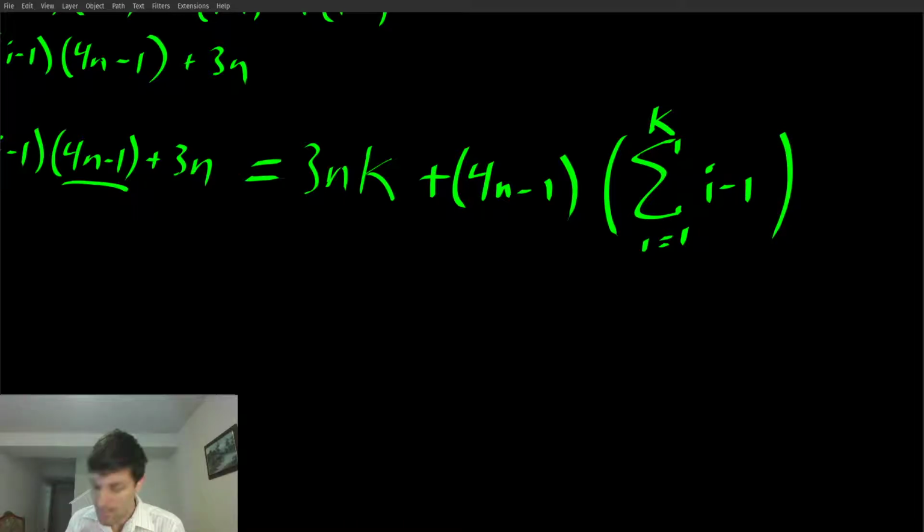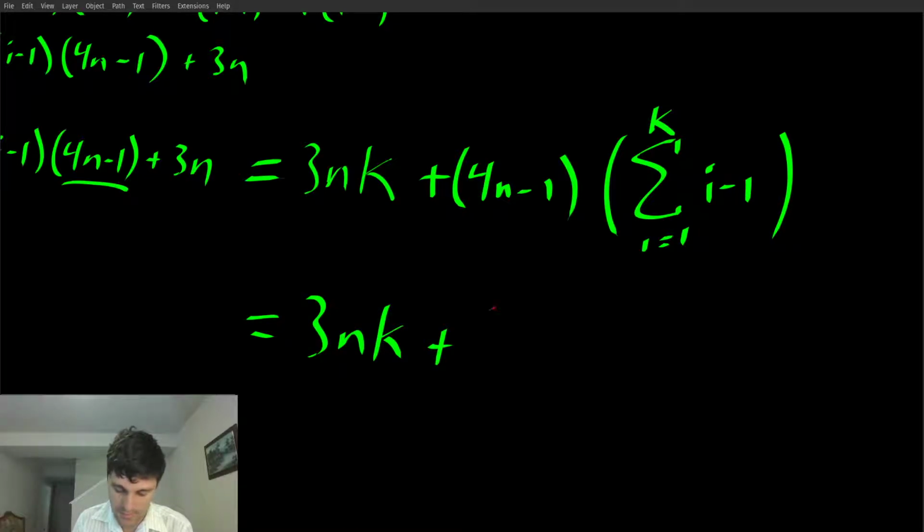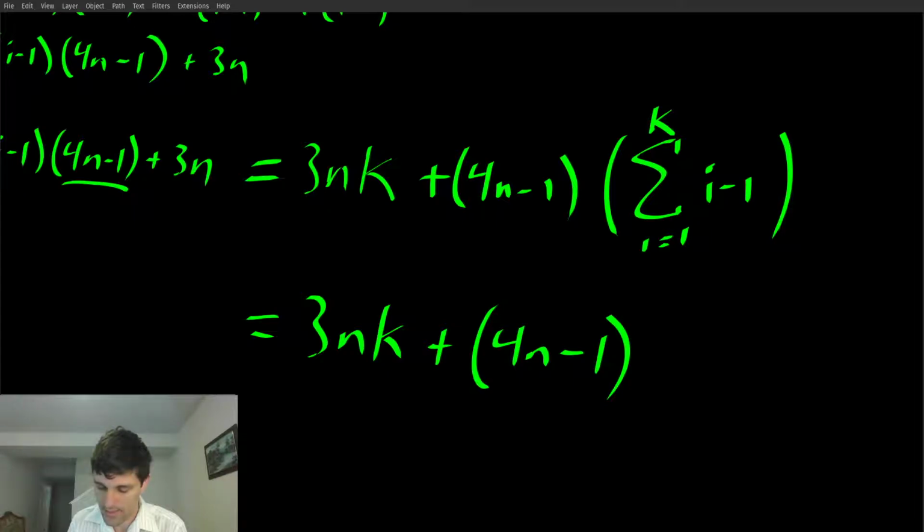And that is k times k minus 1. So we end up with 3nk plus 4n minus 1 times k times k minus 1 over 2.